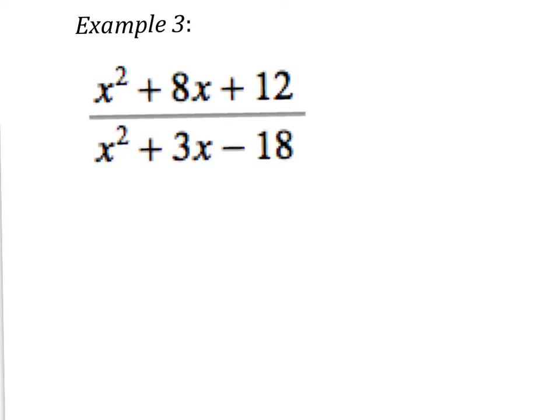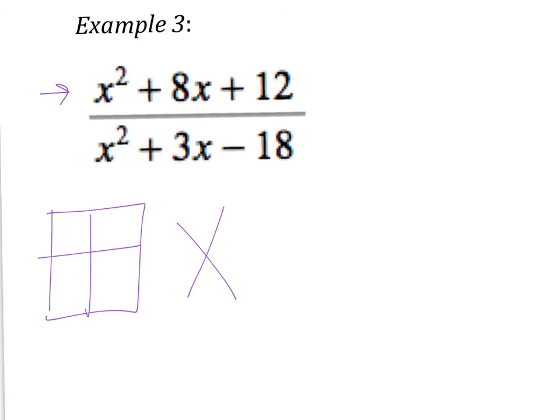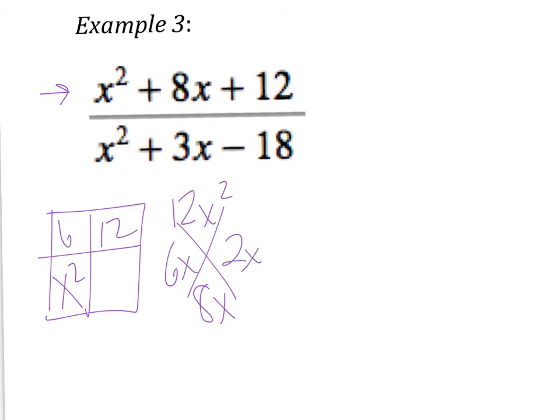In example 3, this is a little more intense than the two previous examples. Again, we're going to focus on the numerator first, and we do not have a GCF other than 1, but we can break this down and do a diamond and a rectangle. So we need two numbers that multiply to give us 12x squared, but add to give us 8x, and that's going to be 6x and 2x.